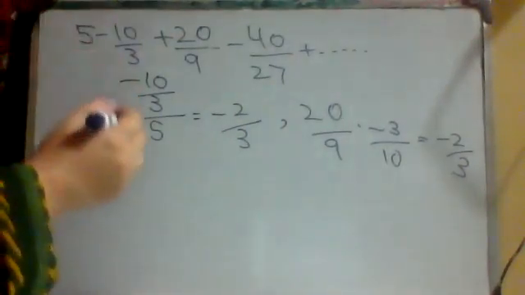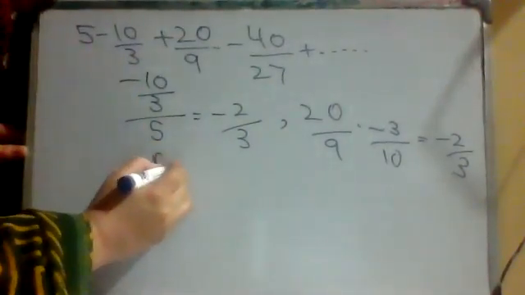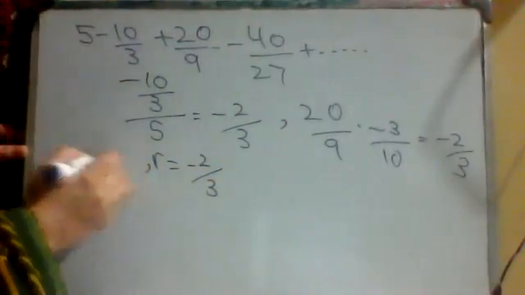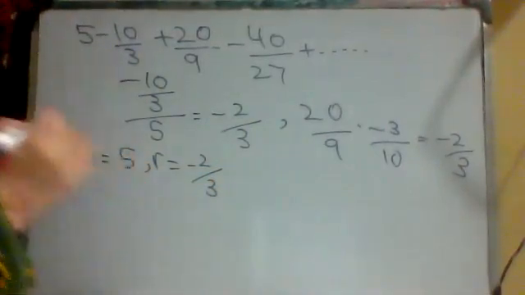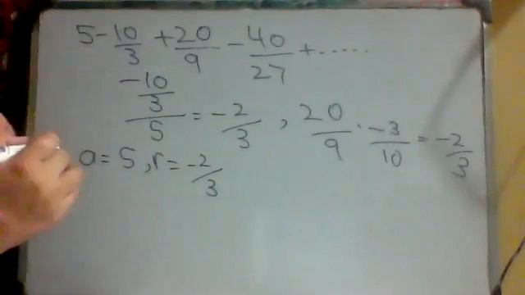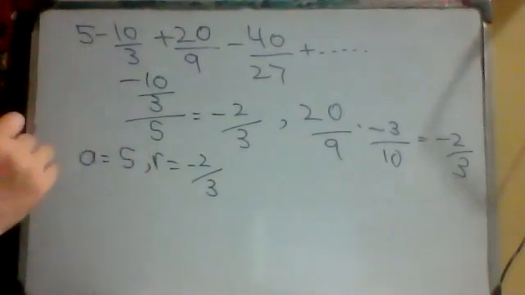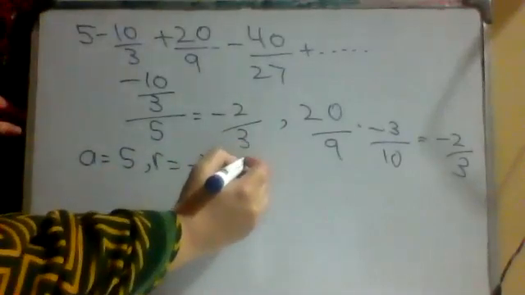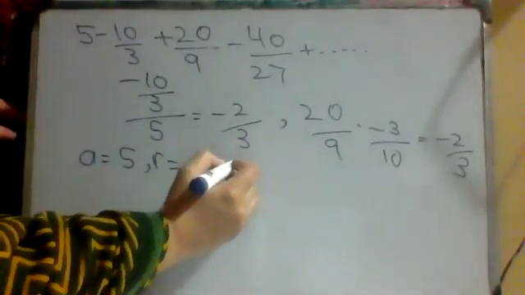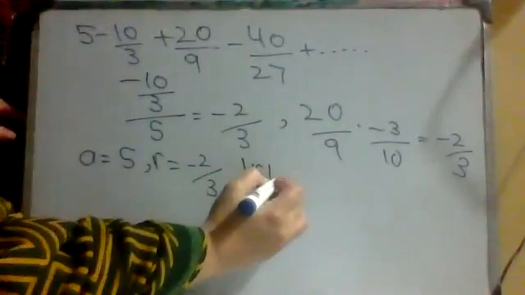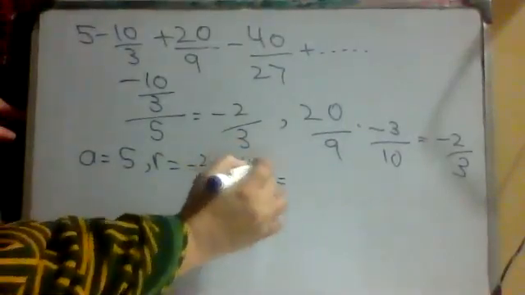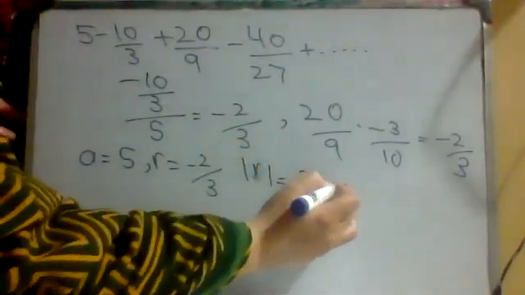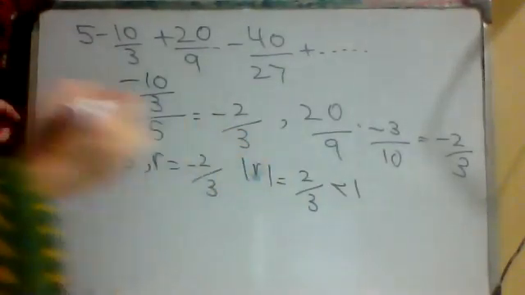So I have a common ratio, that is r, which is minus 2 over 3, and a is equal to 5. So it is a geometric series with a equal to 5 and r equal to minus 2 over 3. And since |r| is equal to 2 over 3, which is less than 1, the series is convergent.